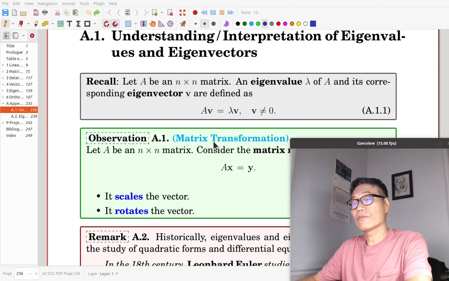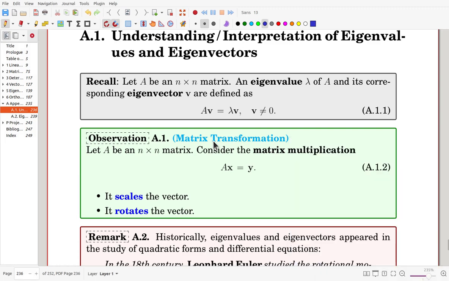Consider the matrix transformation. For an n by n square matrix A, the matrix multiplication produces another vector. The vector y may have different direction and different length from those of x.